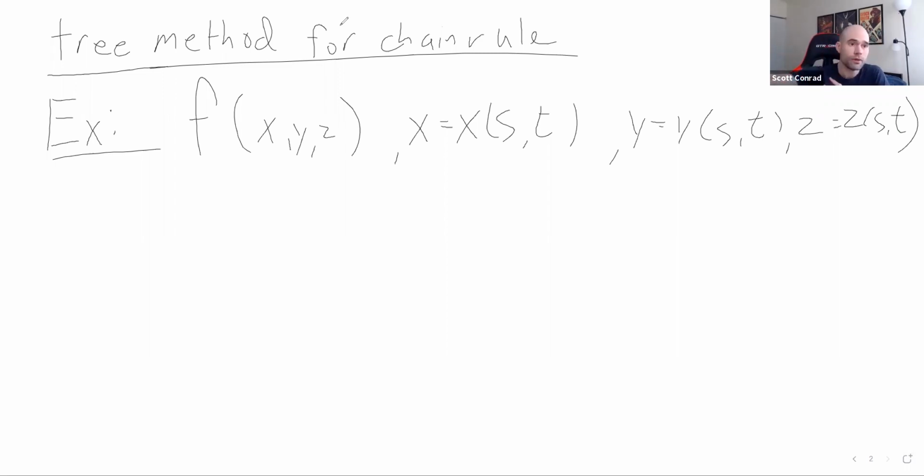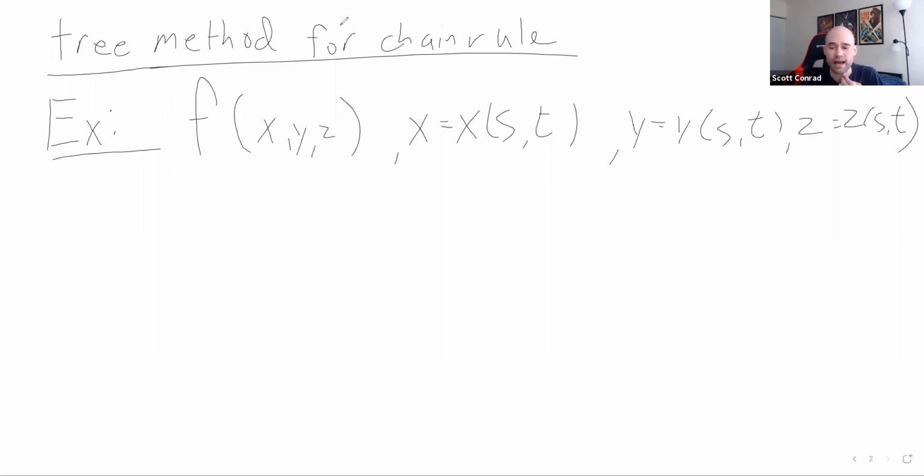So if you make the substitution, x is actually a function of s and t. So every time you see x in your original function, f of x, y, z, you can replace it with x of s, t, the function of s and t that x is. So you can replace x with s's and t's, y's with s's and t's, z's with s's and t's.